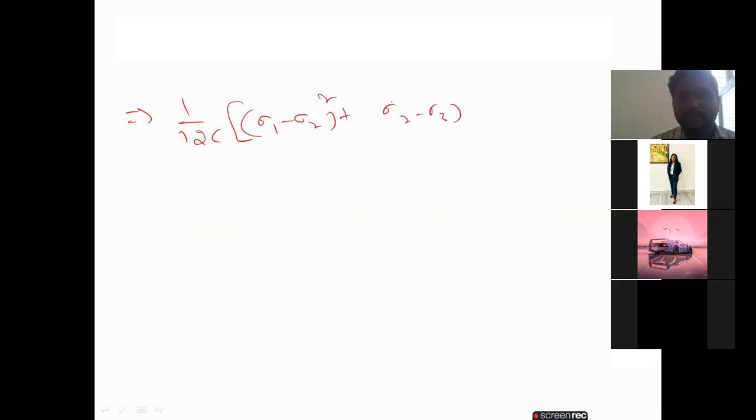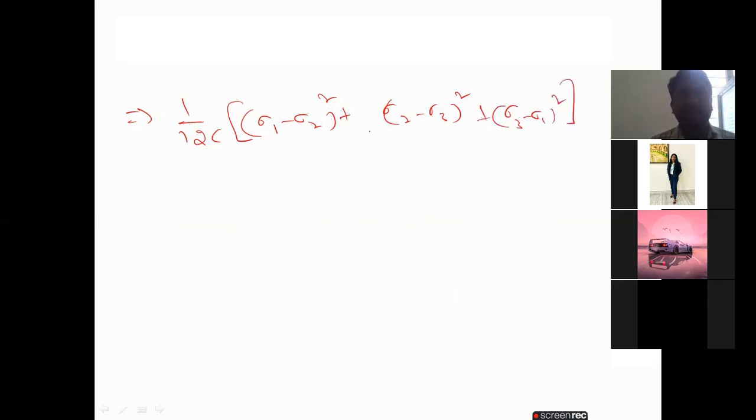Now, in the maximum shear strain energy theory also, I told you the formula: 1 by 12C into (sigma 1 minus sigma 2) whole square plus (sigma 2 minus sigma 3) whole square plus (sigma 3 minus sigma 1) whole square.